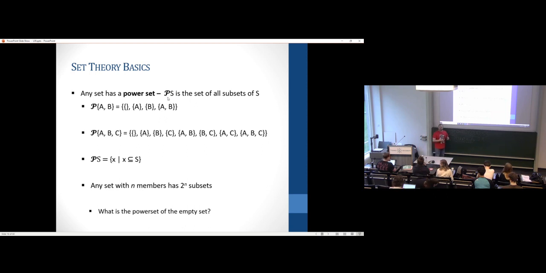The other one that's always going to be in there is the set itself, the one that you fed into the machinery. And the reason for that is because, remember, it's the set of all subsets, so it's everything that's less than or equal to. And the set you fed in is equal to itself.